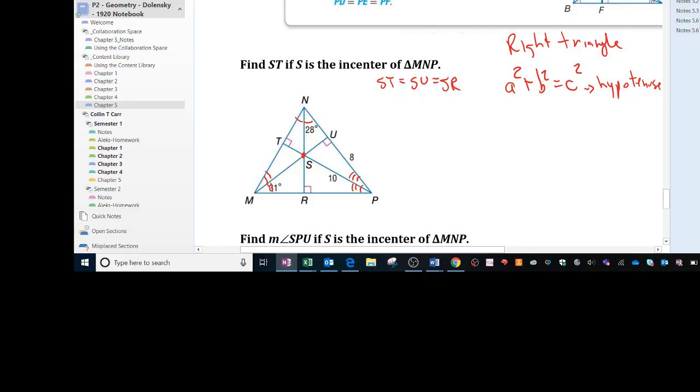So if we're given the 8 and 10, I can just plug it in to find UP. Well, I'll just call it A squared instead of X squared. A squared plus 8 squared equals 10 squared.